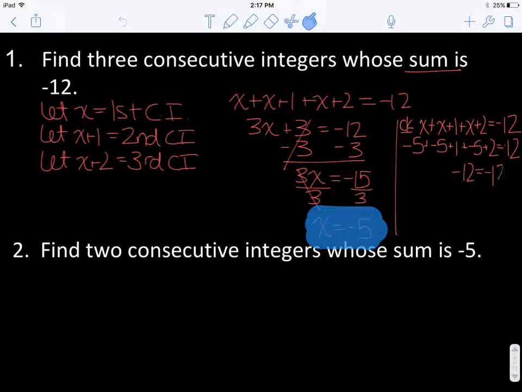So our check does work out. And our sentence answer here, the numbers are -5. And then remember, when we increase, our integers get closer to 0: -4 and -3.